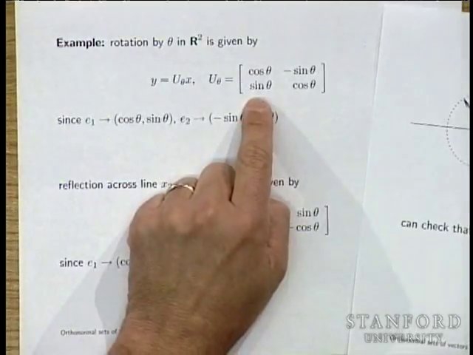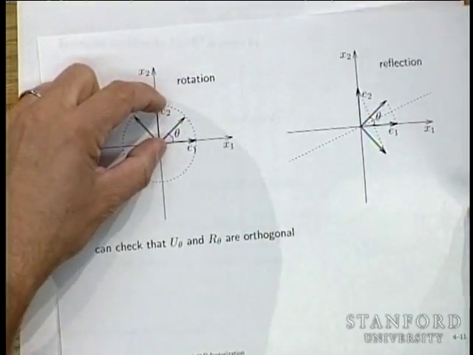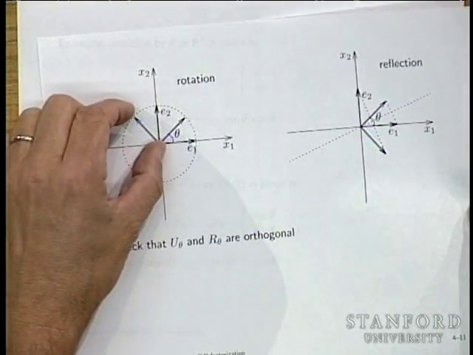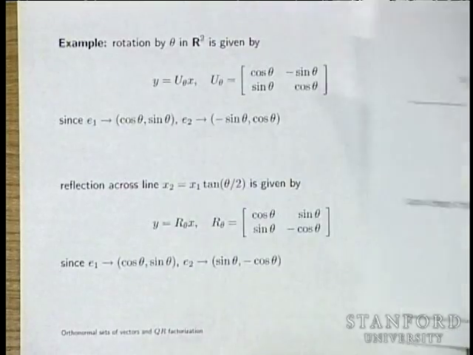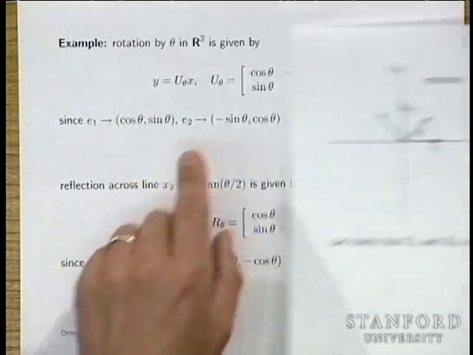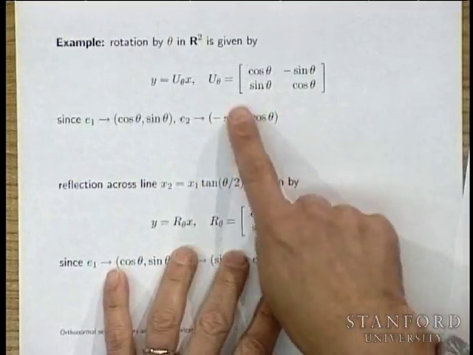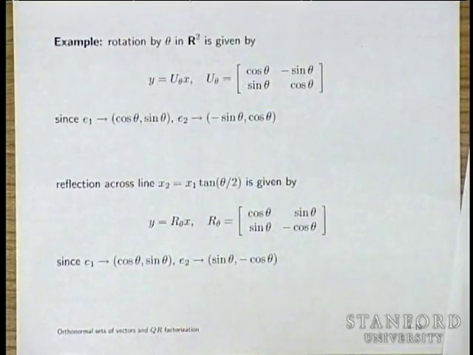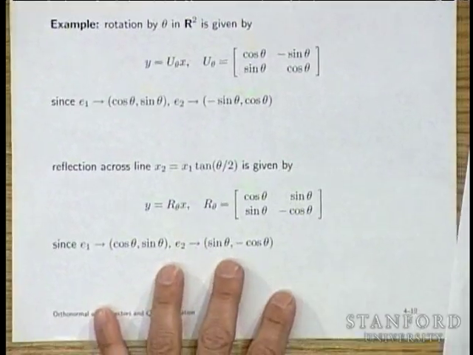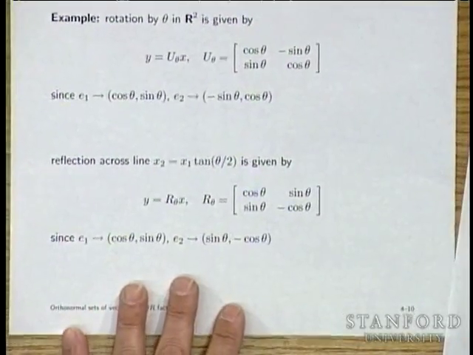And indeed, that's the first column. And e2 rotates to the vector minus sine theta, cosine theta. And that's this one. And you can check that u theta transpose u theta is I. It's just the trigonometric identity. The ones on the diagonal turn into cosine squared plus sine squared, which is 1. Then the off-diagonal ones just cancel away.